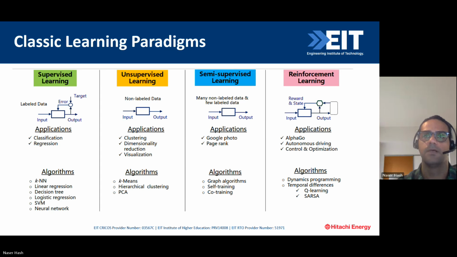In the classification of machine learning, we have different types, like supervised, unsupervised, semi-supervised, and reinforcement learning. I can't go through the details of these because it's a huge topic and requires lots of study. But you can see that there are different algorithms. When we're talking about supervised learning, we can use linear regression, decision tree, and neural network.